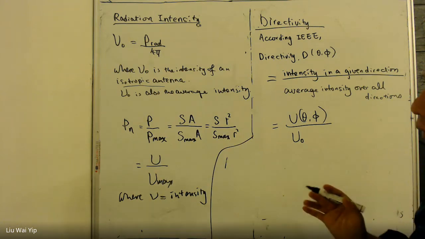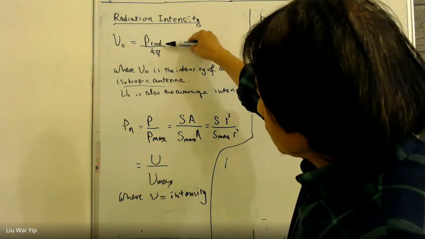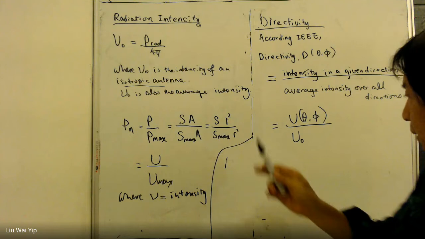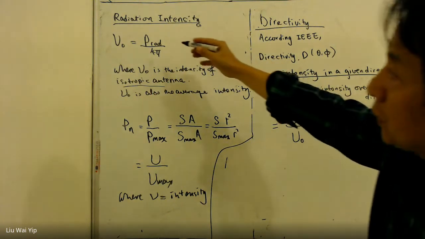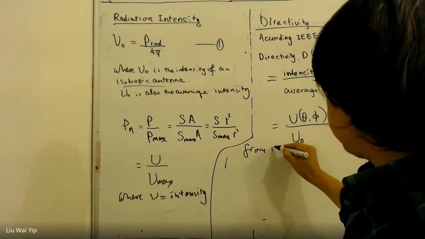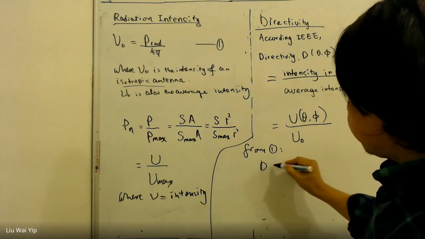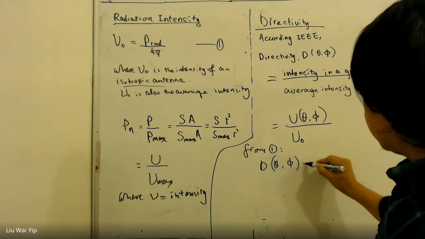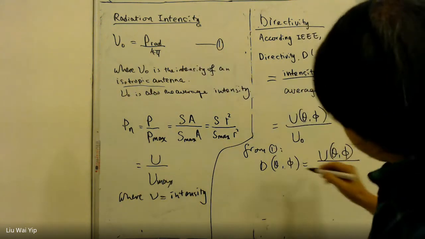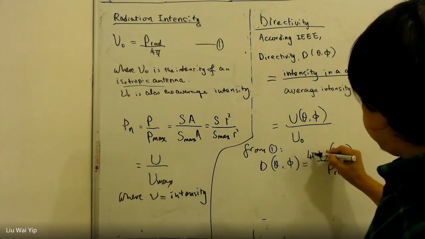But hang on a minute. According to what we have learned in the previous lectures, U naught is equal to the total radiated power divided by 4 pi. So from this equation, D of theta and phi is equal to 4 pi U divided by the radiated power.